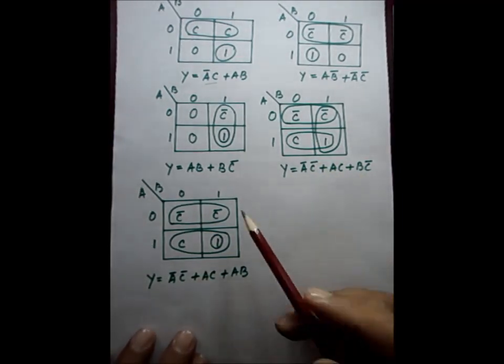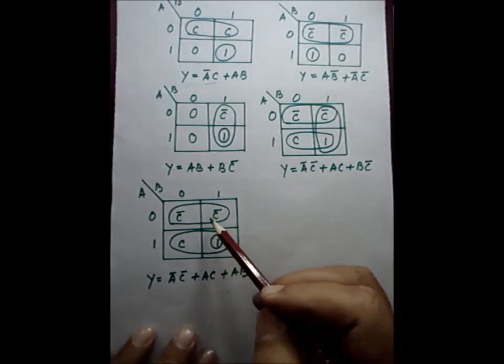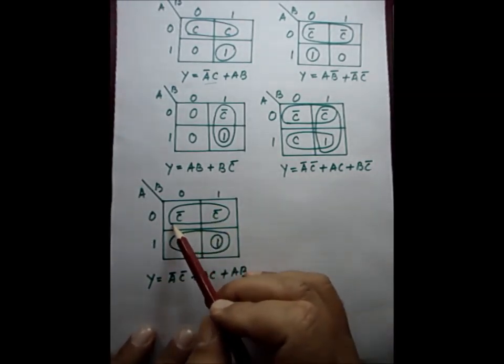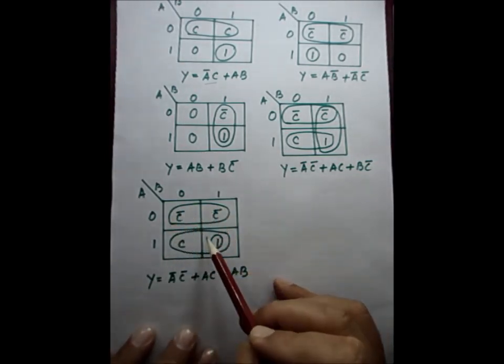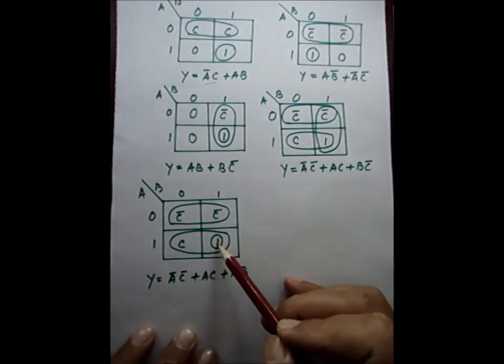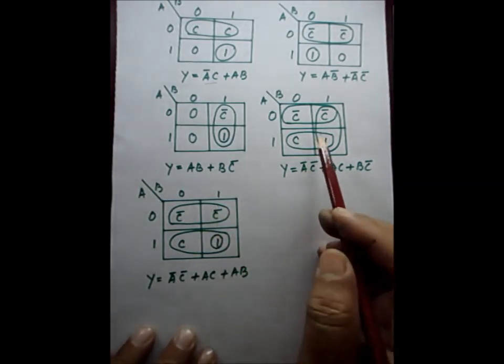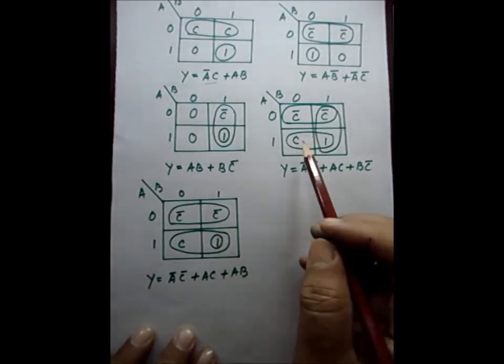Now, in this very similar case, here C bar is grouped. C and 1 is grouped, but 1 is not grouped again with C bar. Same thing, I have taken two cases.